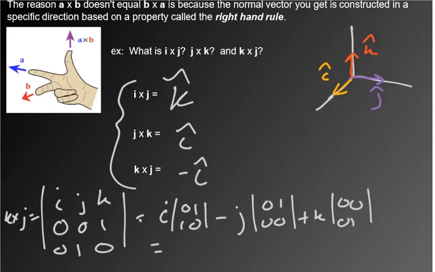If you do that all out, this first term is going to give you negative i hat, but then this thing gets killed because there's a 0 minus 0 in the 2 by 2 determinant. And here, this also gets killed because there's a 0 minus 0 in the 2 by 2 determinant. So you could always do them out by hand, but these are ones that I think are good to teach you that right-hand rule.